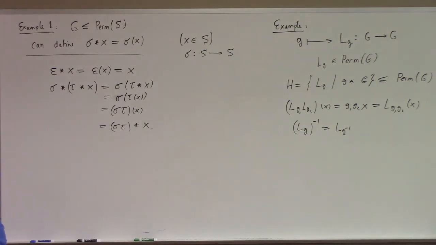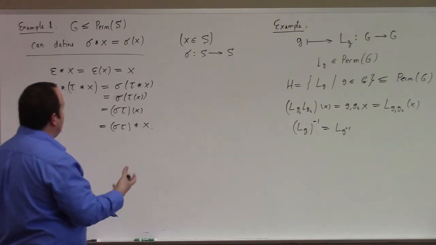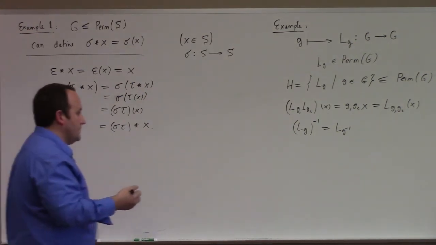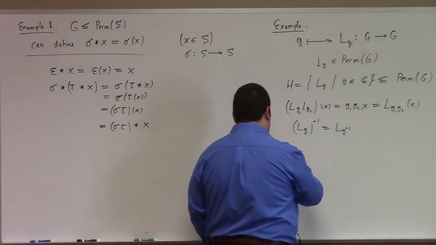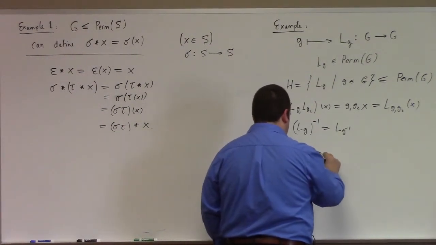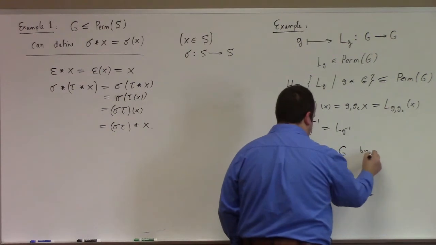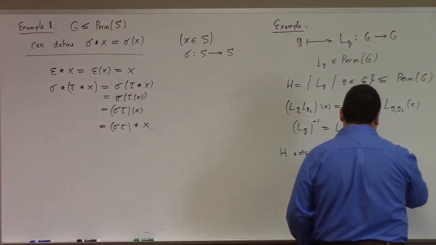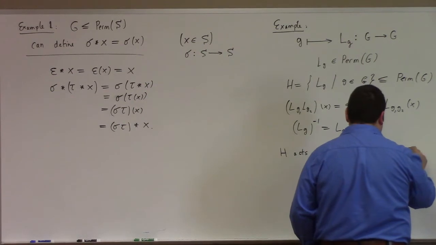And so we can of course then, I mean, there's a natural action of H, if you will. There's an action of H on G, right? So we can say H acts on the group by what? So H acting on G is just given by what?